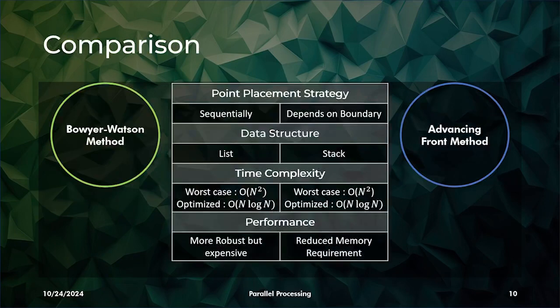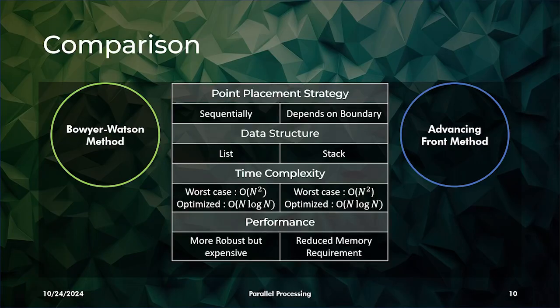Here you can see a comparison between the Boyer-Watson method and the advancing front method. At first you can see the point placement strategy, which is sequential in Boyer-Watson and depends on the boundary in the advancing front method. The data structure used is a list in Boyer-Watson and a stack in the advancing front method.